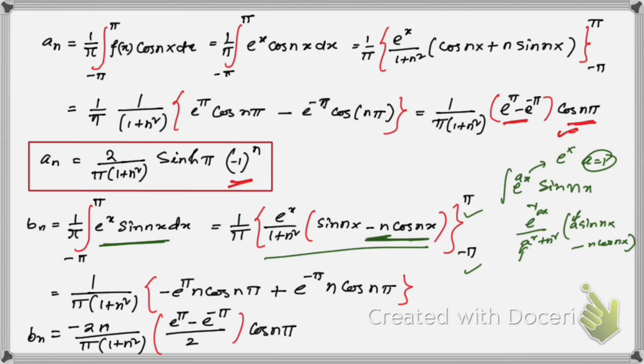But here when you put e to the power plus pi, you will get this result. When you put minus pi here, you will get this result. So hope you have understood this.